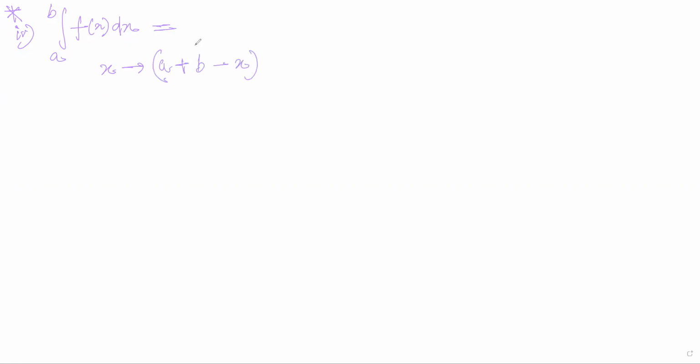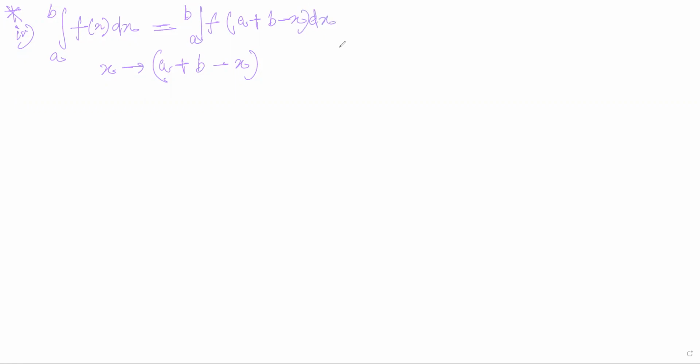That is, if you change the variable, sorry, not the function, from x to a plus b minus x, the answer would be the same. Leave your limits as they are. The limits were a to b, the limits still will be a to b, and the function will change to a plus b minus x.